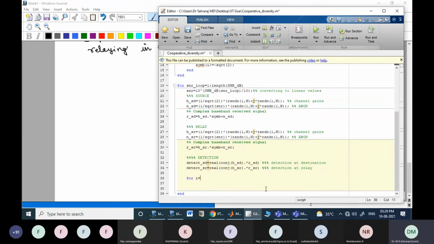I is each symbol, I just take it. There are different techniques, simpler techniques also available, but let us write one after another so that explaining is easy.